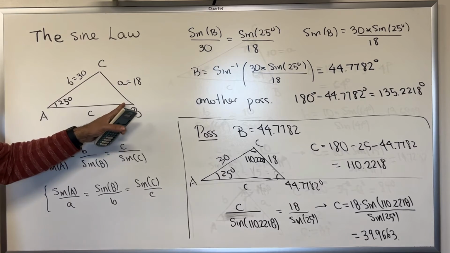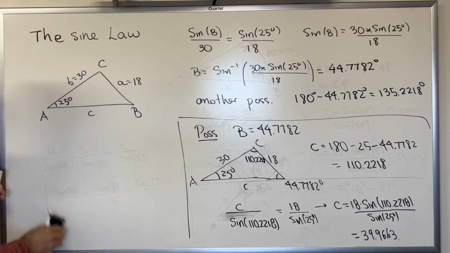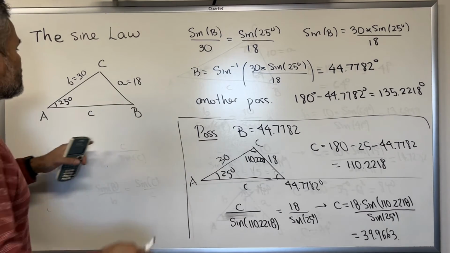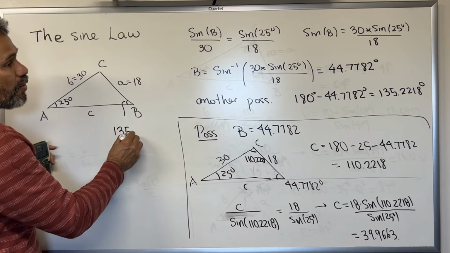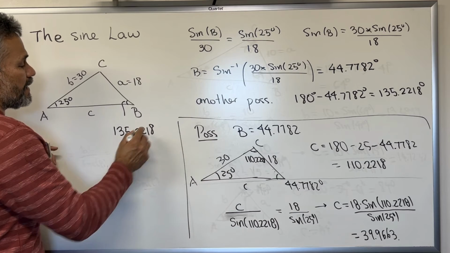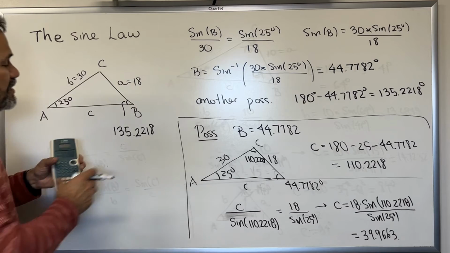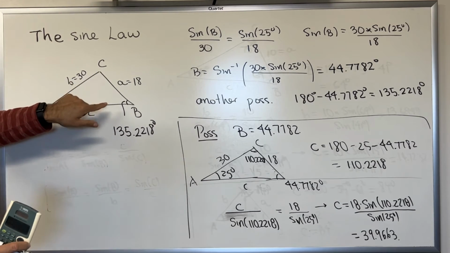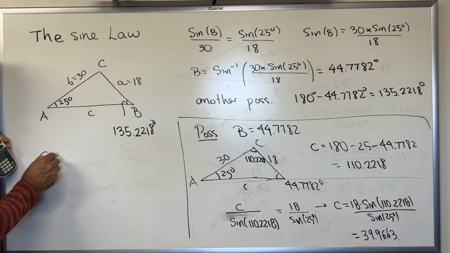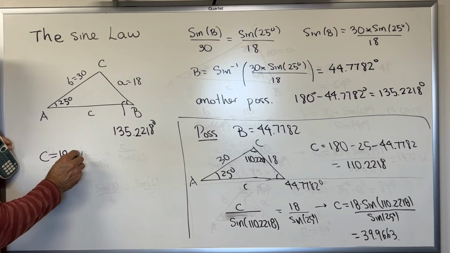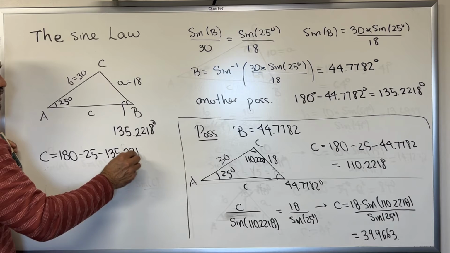For the other possibility, actually, I can draw it here. For the other possibility, this angle here is 135.2218. It's okay if this angle looks acute and you write 135 degrees. Notice that this is just for a reference. Then if this is angle B and this is angle A, then angle C is 180 minus 25 minus 135.2218.